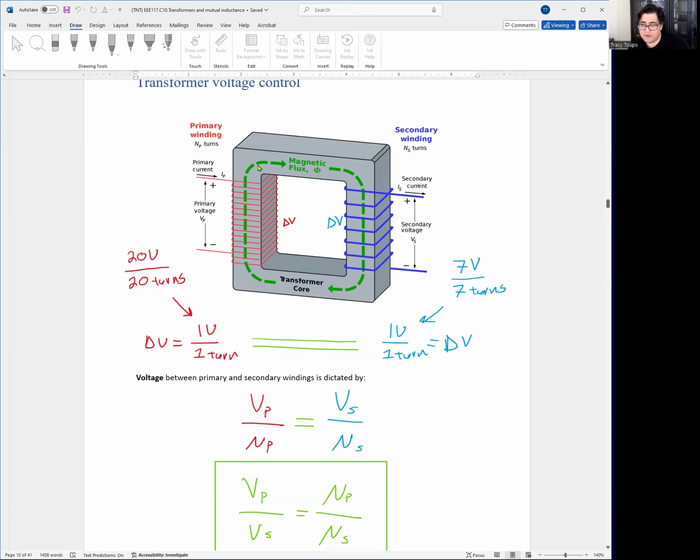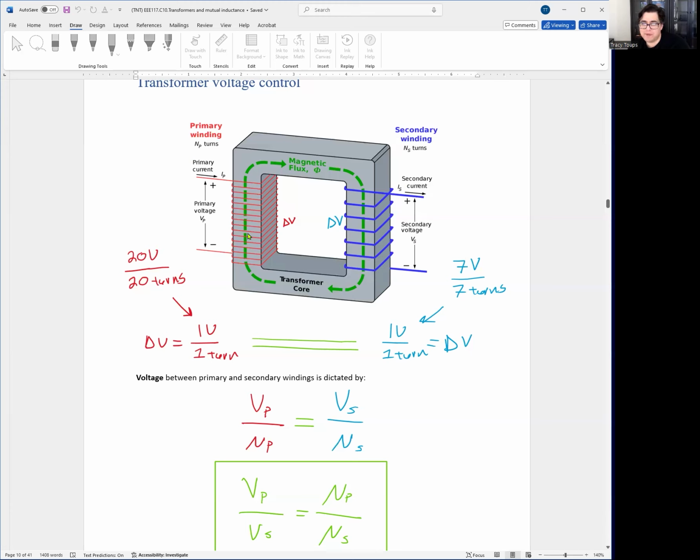Remember, the magnetic field will link up the same voltage between the two coils. So on the secondary side, we only have 7 turns. But remember, it's 1 volt per turn. So then if we look at our secondary voltage, it's just 7 volts because there's 7 turns, right?